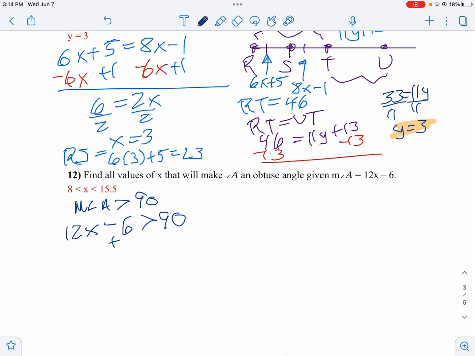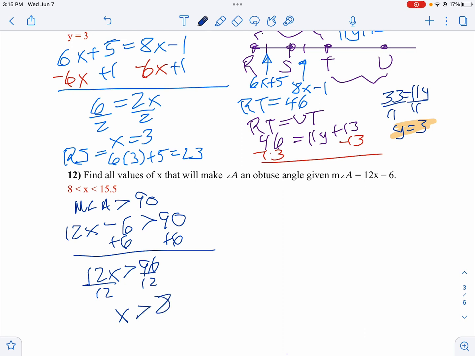So we add 6 to both sides, and 12x is greater than 96. Divide by 12, and x is greater than 8.